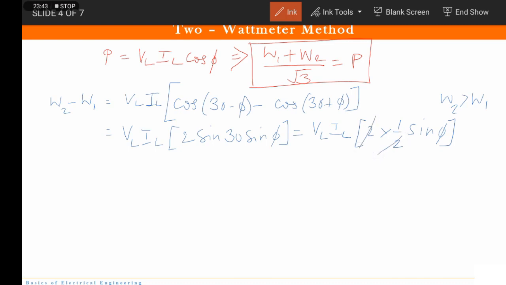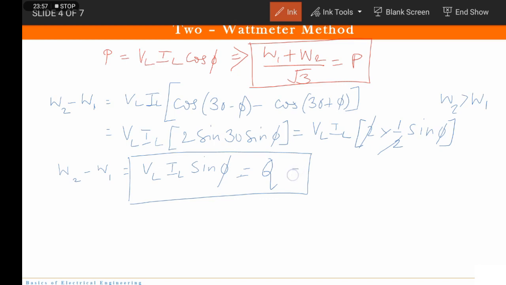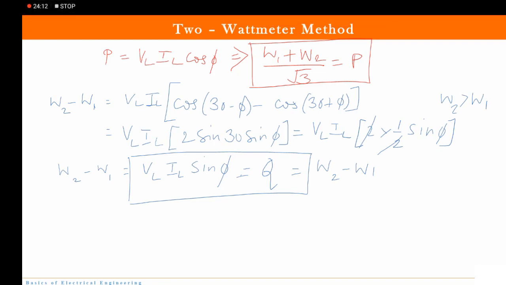So what is W2 minus W1? VL IL sin 5. What is this? Reactive power, Q. How can we calculate reactive power? W2 minus W1. But suppose I have to calculate the power factor.